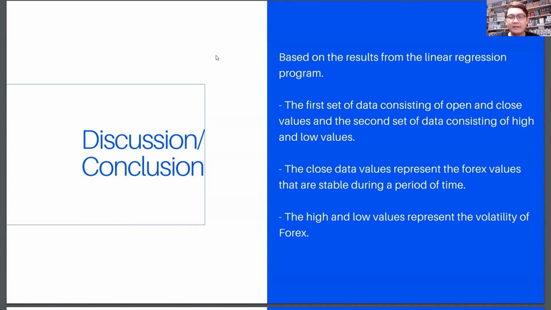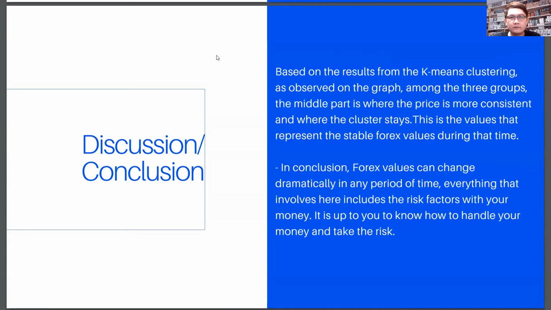The high and low values represent the volatility of Forex. Based on the results from the K-means clustering, as observed on the graph, among the three groups, the middle part is where the price is more consistent and where the cluster stays. These are the values that represent the stable Forex values during that time.